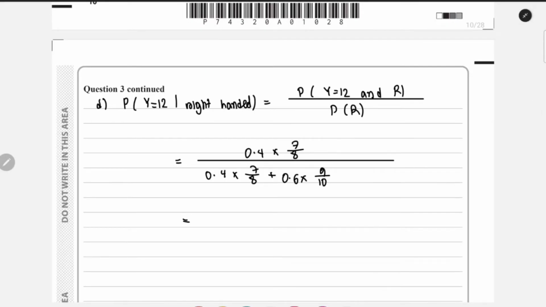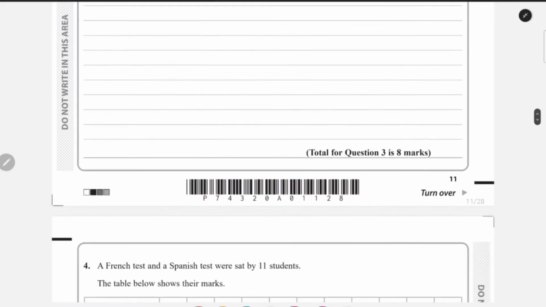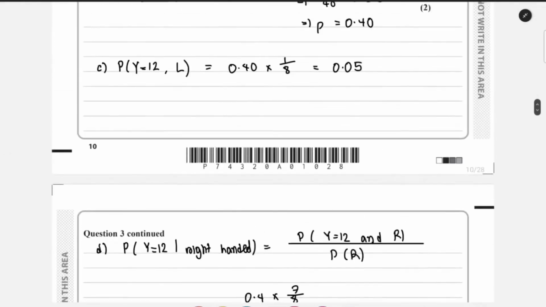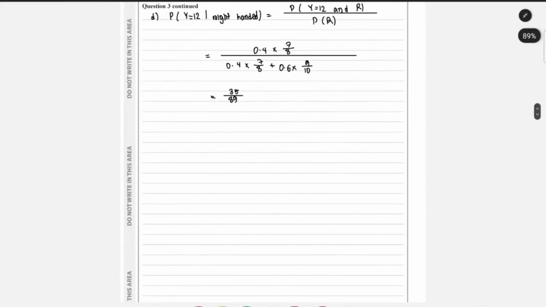If we calculate this, we'll get 35 by 89. That's it for question 3.